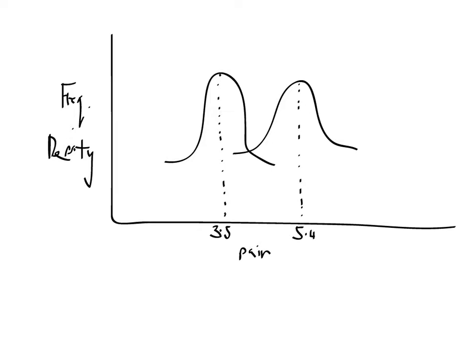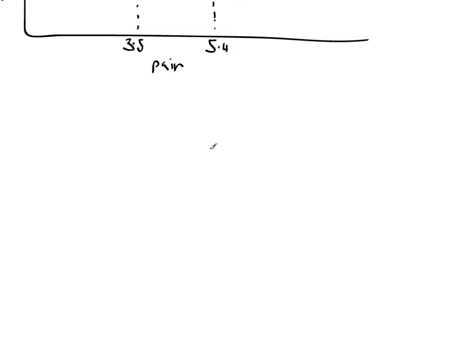And because of that, we can make a judgment as to how likely it is that these two different sample means are really just from the same population, or that the difference between them is 0. So we're asking, what is the probability that the difference between these two sample means is 0? Or what is the probability that they're different from 0?